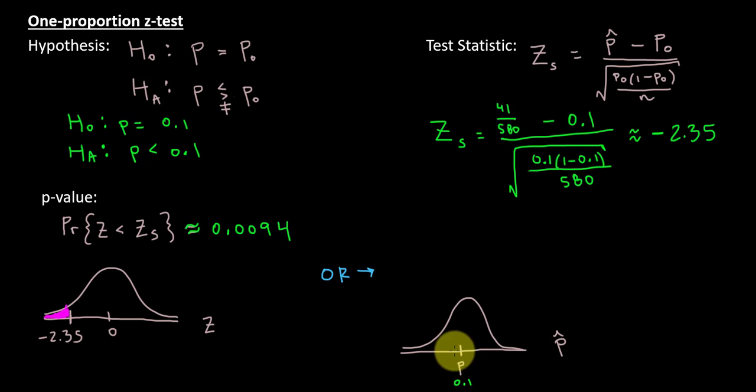And we are seeing what is the chance that our sample proportion, which was 41 out of 580, feel free to use a decimal there, but I know that's down here, is, or something less than that, under the assumption that the population proportion is 0.1. So we could, again, use pnorm, but use the values from the corresponding sampling distribution.